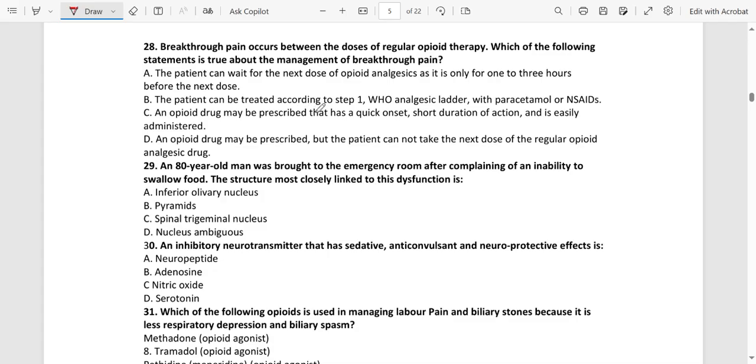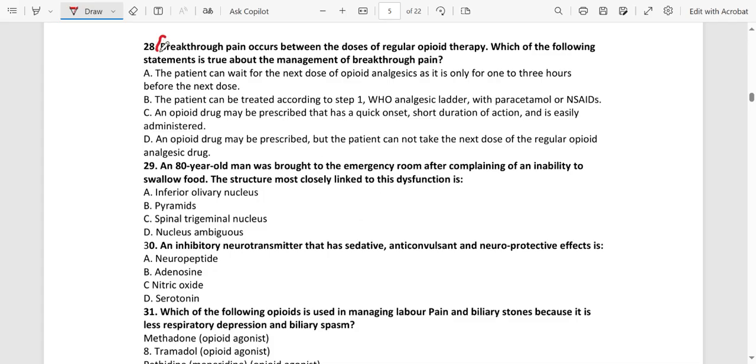Patient can be treated according to step 1 of the WHO analgesic ladder with paracetamol or NSAID. An opioid drug may be prescribed that has a quick onset, short duration, and is easily administered. An opioid drug may be prescribed, but the patient cannot take the next dose of the regular opioid analgesic drug. How about this one? What do you think?